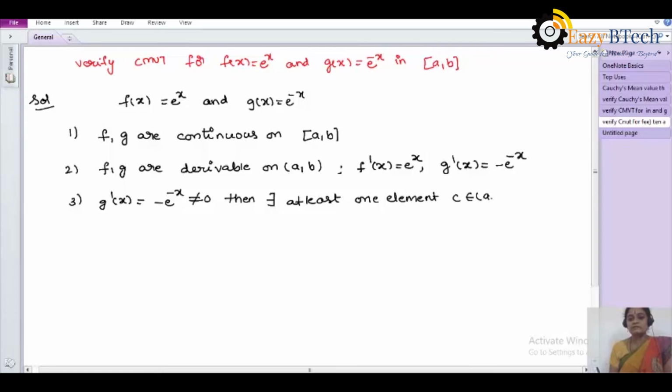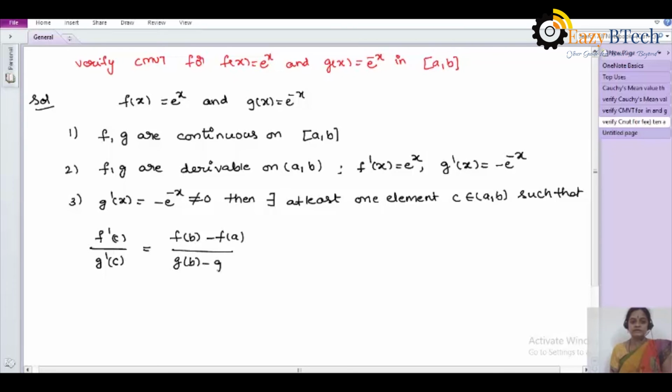c belongs to (a, b) such that f dash of c by g dash of c is equal to f of b minus f of a by g of b minus g of a. Now here the value of a is a only and b is b only.